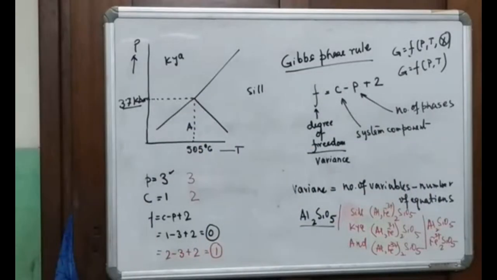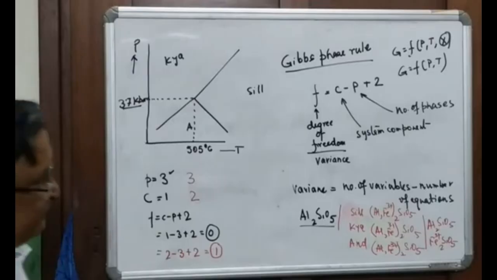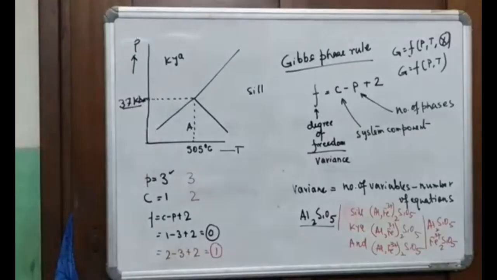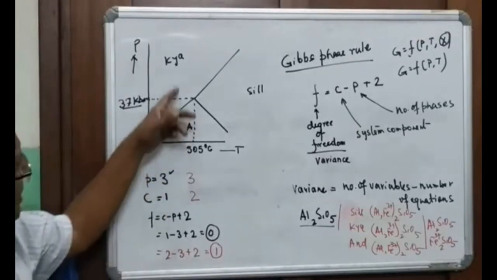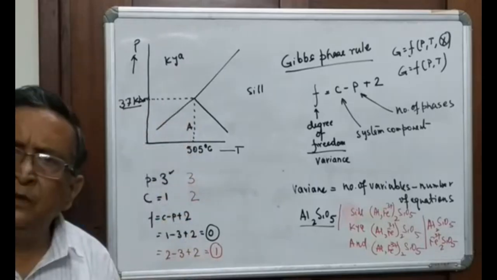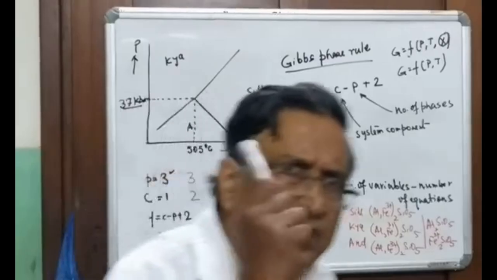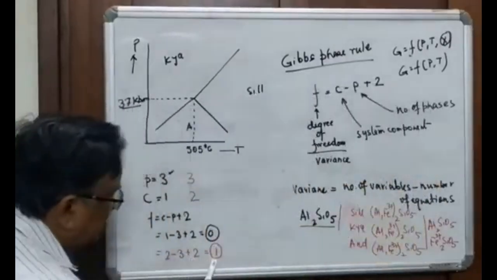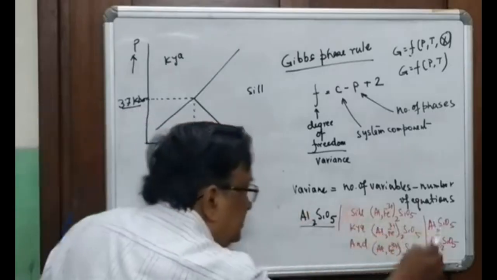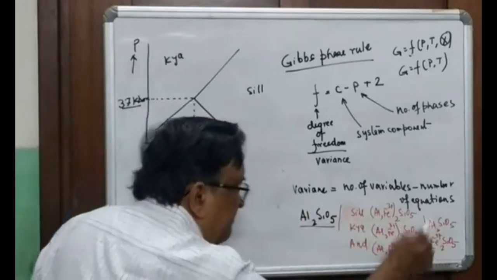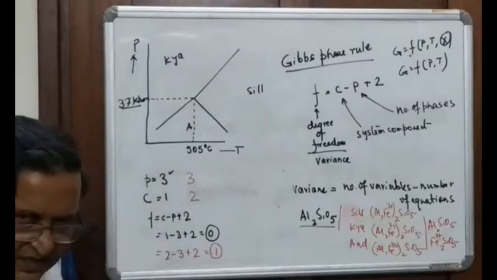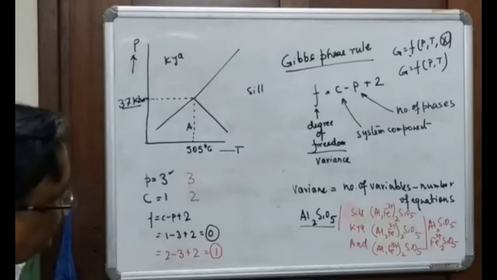Now, if this is your system, then we have a problem at hand. What is the problem at hand? There is one unquantified variable. That means, in this case, the variance is 1 for this composition of your kyanite, sillimanite and andalusite.